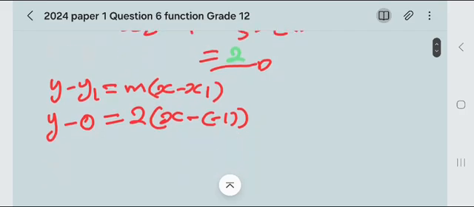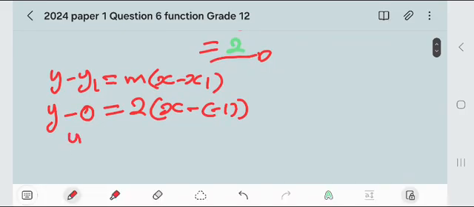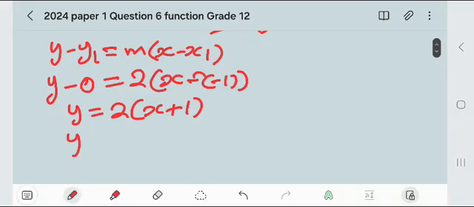I used point A, then this will be y. This will be 2 into x plus 1. Distribute this 2 and it will be 2x plus 2.